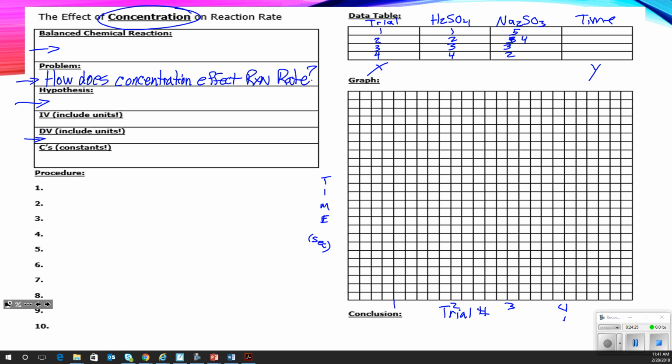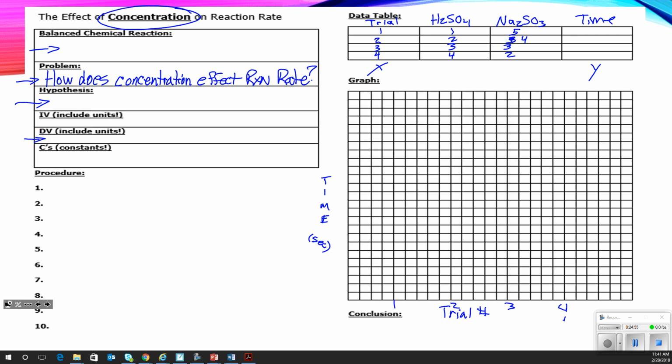Okay, so on number 1, you want to write down all the equipment you need. All the chemicals, all the equipment. Write it now. Tell me everything to gather for your experiment. Solutions. If you're using this one, yeah, I would use solutions.